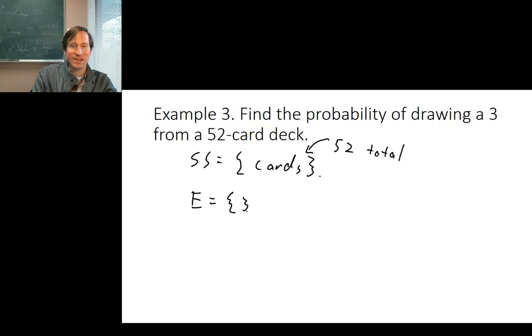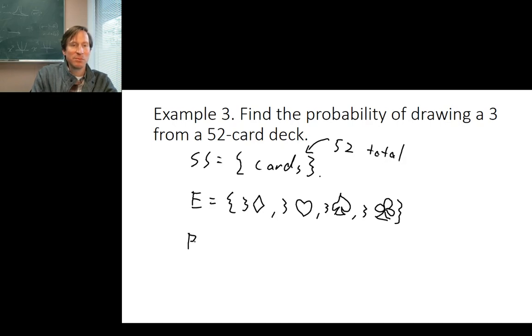So there's the 3 of diamonds, the 3 of hearts, the 3 of spades, something like this. That's a spade. And the 3 of clubs, which, oh boy, I shouldn't have drawn these. I should have used letters instead of symbols. Okay, so there's our event, drawing a 3.